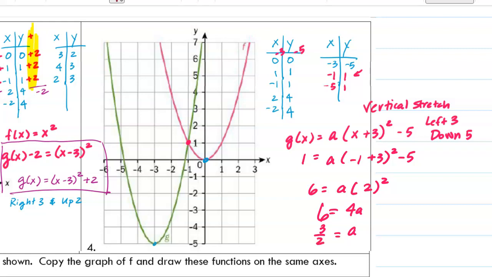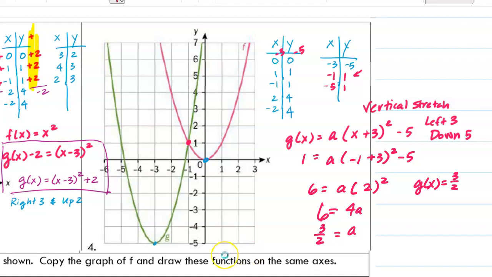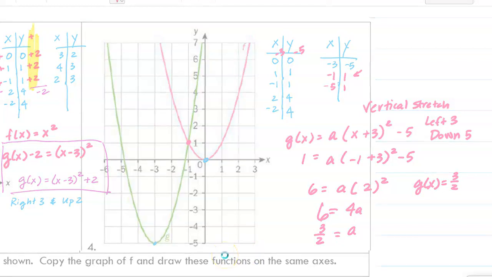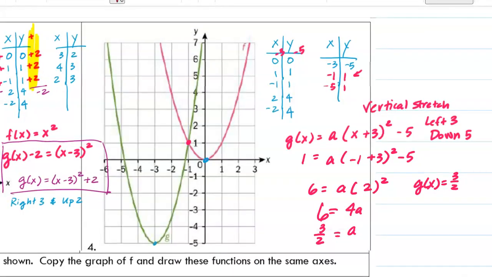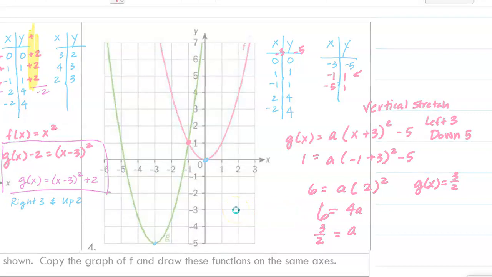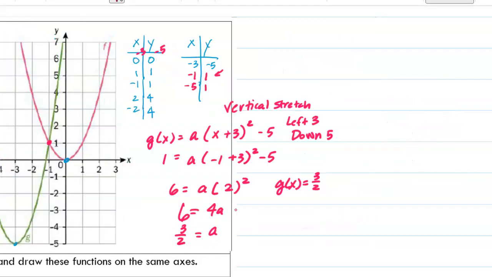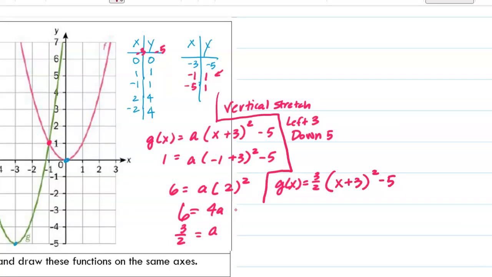So that gives you the actual scale factor. Okay, so 3/2 times (x + 3) squared - 5. That could be your final answer.